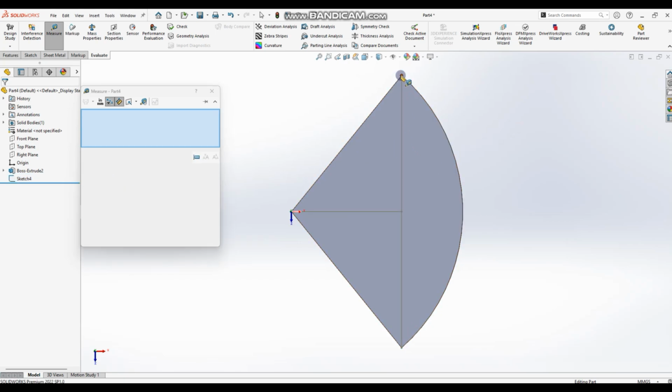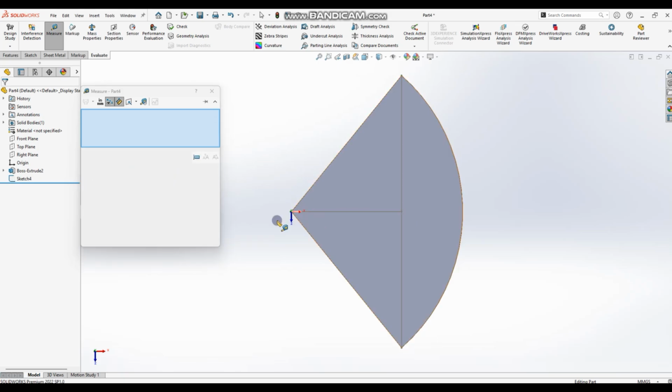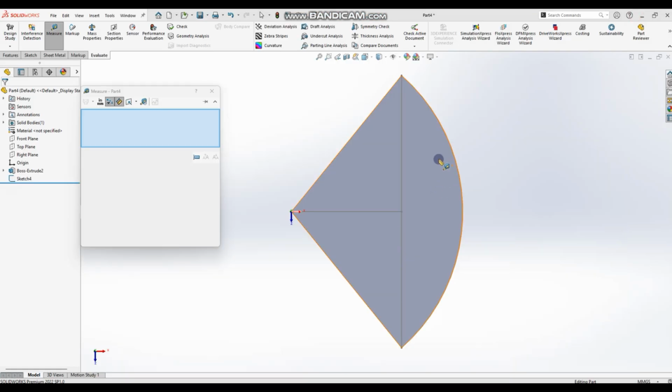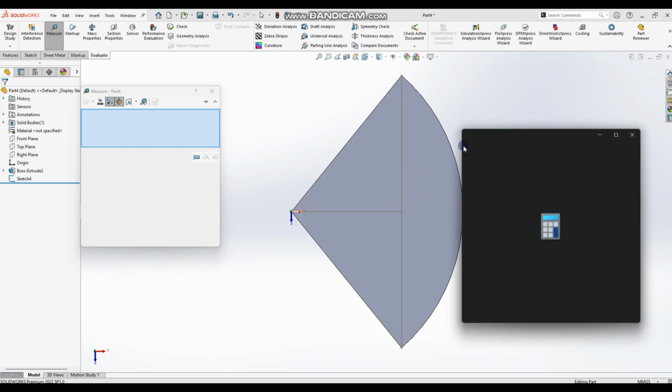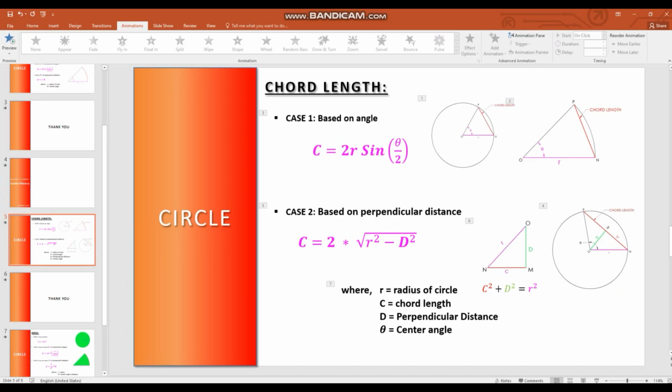What is the chord length? We got 61.28. Let's go with the second case equation and see whether we get this chord length value. We know the perpendicular distance is 25.71.